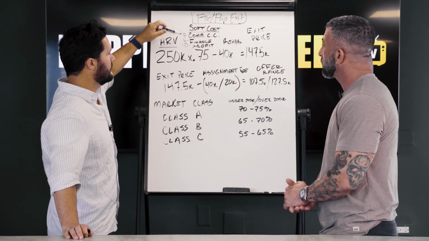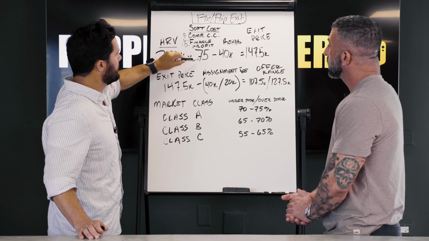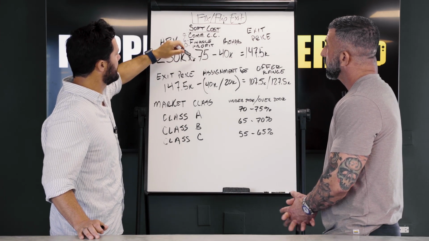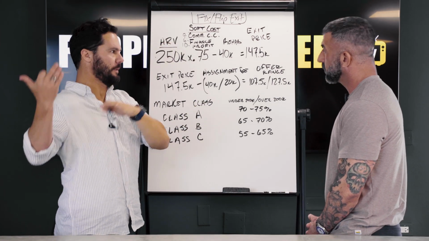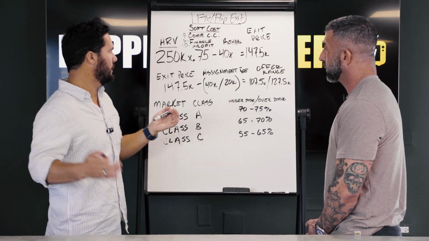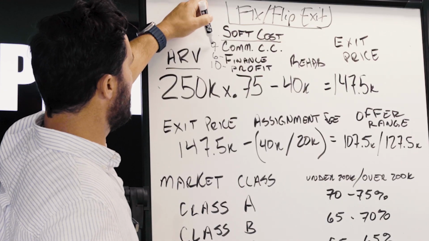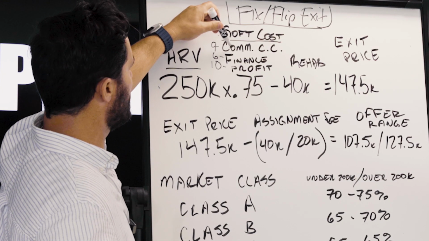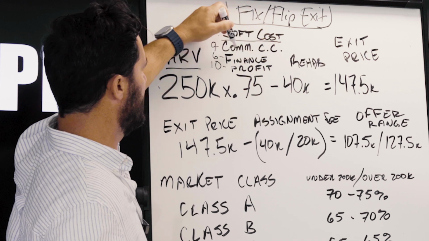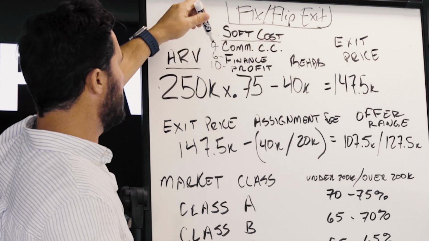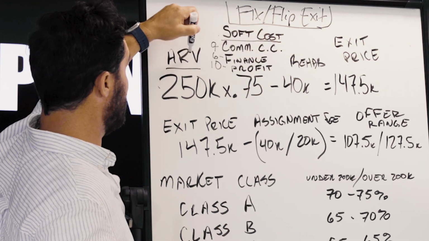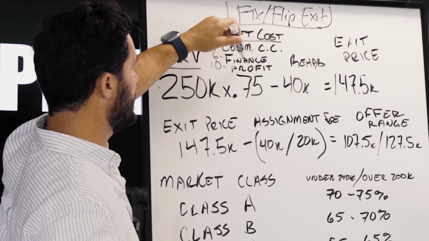So how much money is in the deal for your investor? And just to give you a reference point, if you look at 0.75, what that means is you're taking 25% off the top. Yep. So where's that 25% going? Roughly, about 9% of ARV is going to commissions and closing costs. Now, it could be 8 or 7, but roughly 9. About 6% of ARV is going towards your carrying costs.